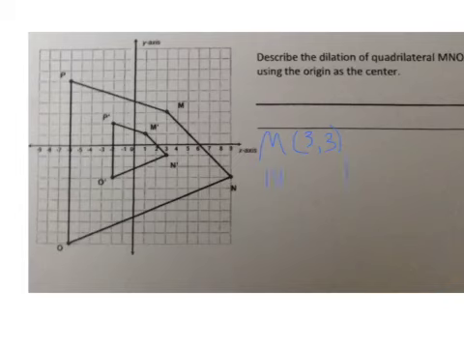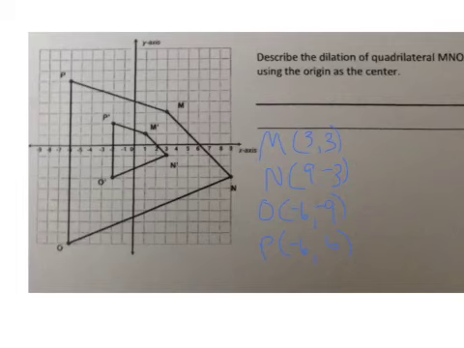N is located at 9, and 1, 2, 3, down negative 3. O looks like we're going left 6, so negative 6, and down 1, 2, 3, 4, 5, 6, 7, 8, 9. And the last one, P, looks like we're going left again, negative 6, and up 1, 2, 3, 4, 5, 6.